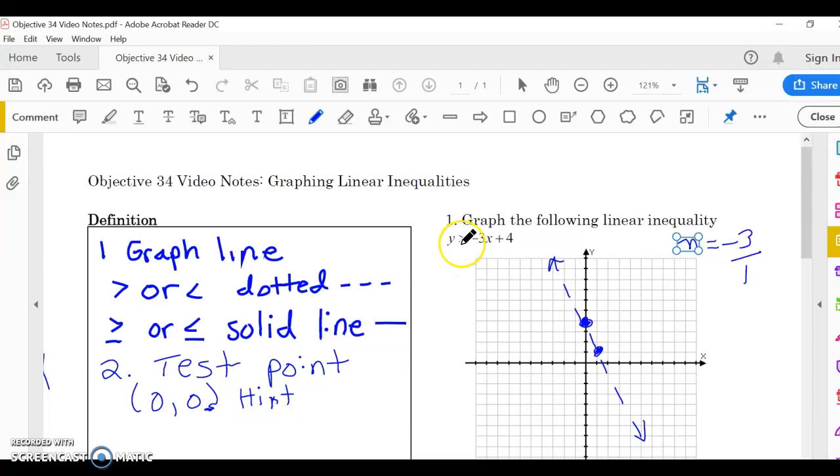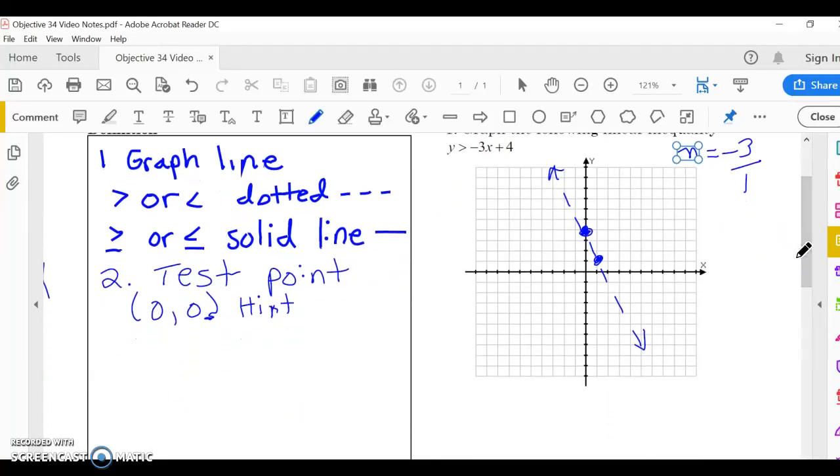So we're going to plug 0 in for y, greater than negative 3 times, replace the x with a 0, plus 4. 0 is greater than negative 3 times 0 is 0, plus 4. And then we have 0 greater than, and 0 plus 4 is 4.